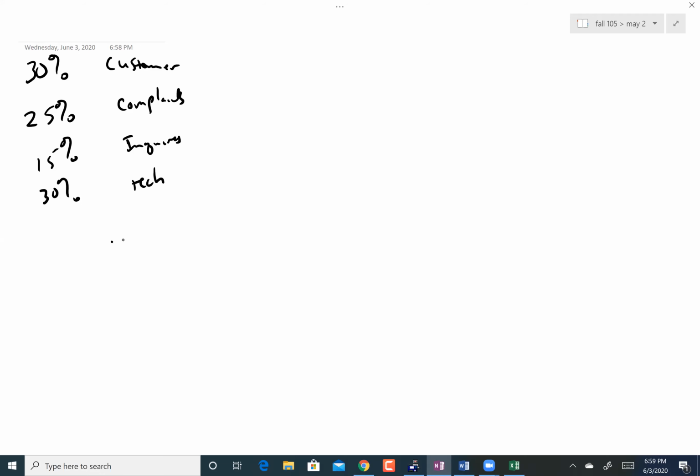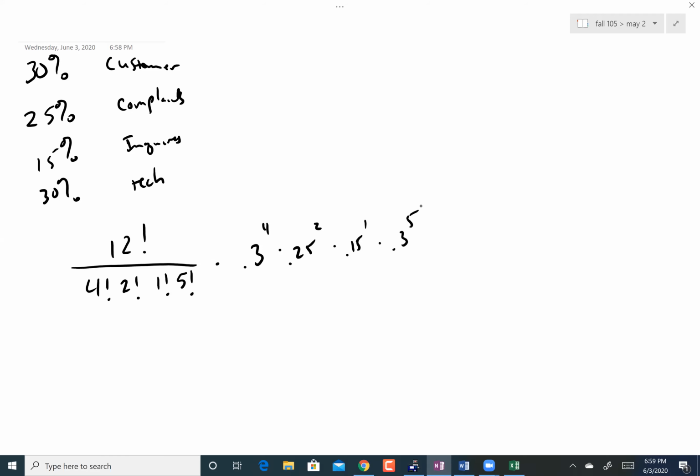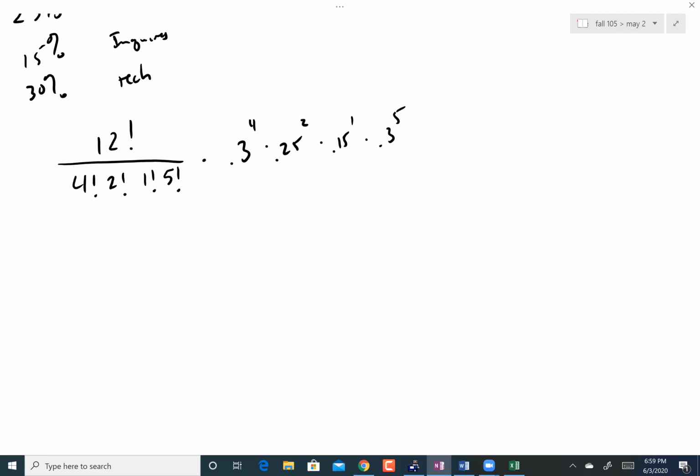So 12 factorial over 4 factorial, 2 factorial, 1 factorial, 5 factorial times 0.3 to the 4 times 0.25 to the 2 times 0.15 to the 1 times 0.3 to the 5th. And again, 5 and 1 is 6 plus 6 is 12. It better add up, otherwise you screwed up somewhere.